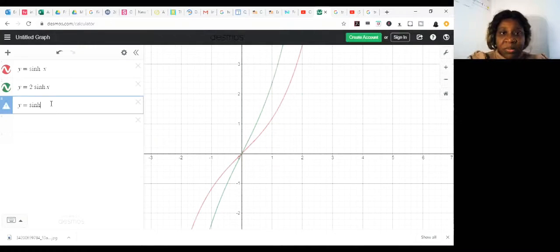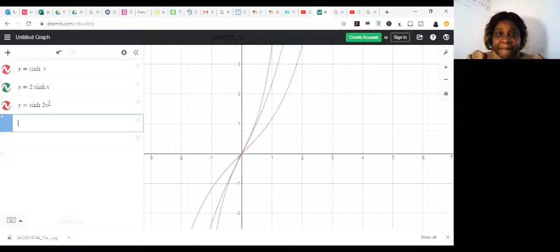Sinh 2x is kind of halfway in between. 2 sinh x is kind of taking it higher, I think.